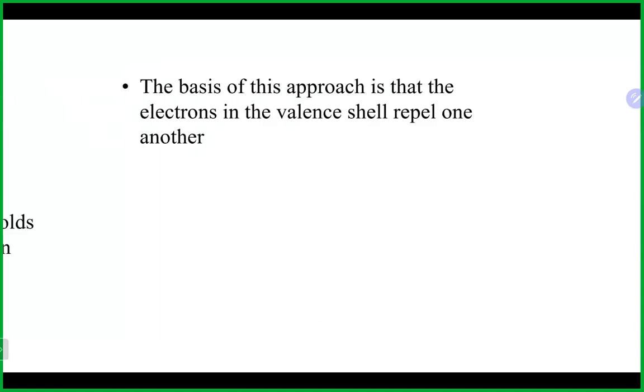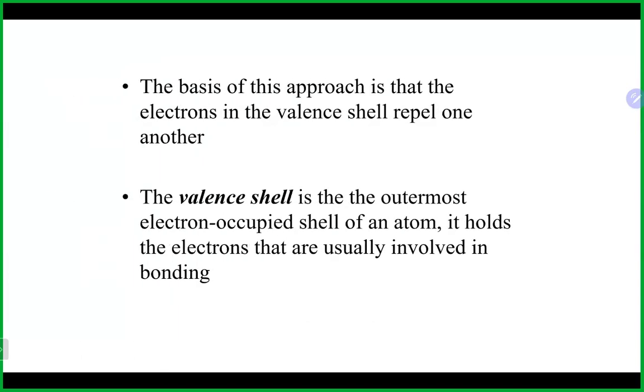So the basis of this approach is that we do have electrons, and obviously electrons within bonds and non-bonding electrons, they actually don't want to really be near each other because they're all negatively charged. So there is a sense of repulsion that occurs as electrons get near each other. And what ends up happening is the electrons will actually try to get as far away from each other as possible.